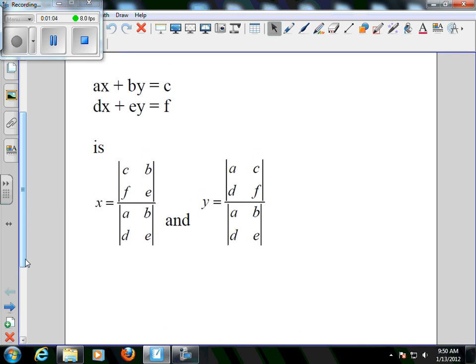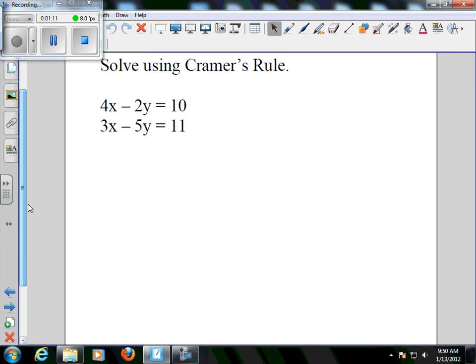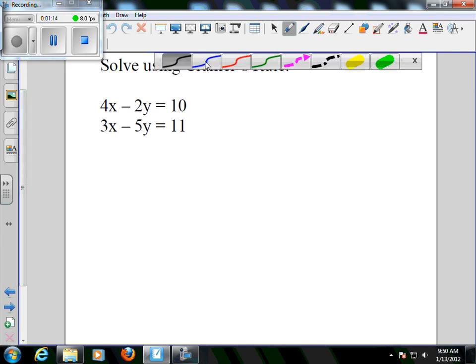So let's go ahead and do that. Really, it's just a matter of plugging numbers into a formula. So let's take a look. We want to solve this system of equations using Cramer's rule. I'm going to write out the rule.